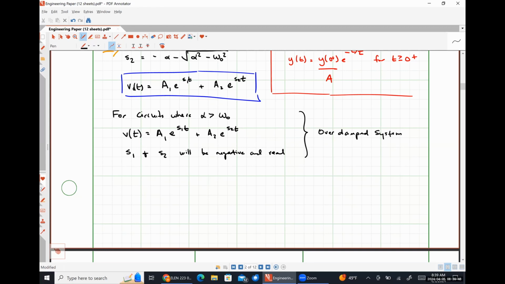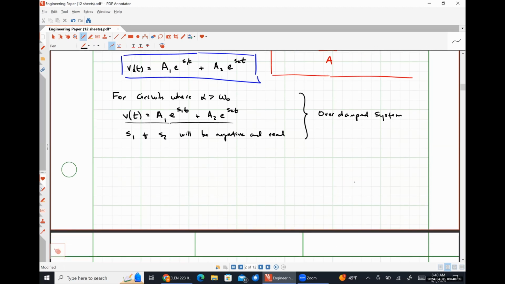So whenever alpha is greater than omega naught, we have an overdamped system, and our signals, right now we're explicitly saying it's just the voltage drop across all of our elements, but we know that it should relate to all of our currents as well, since all of our currents can be expressed in terms of this voltage drop. We'll follow this mathematical expression.